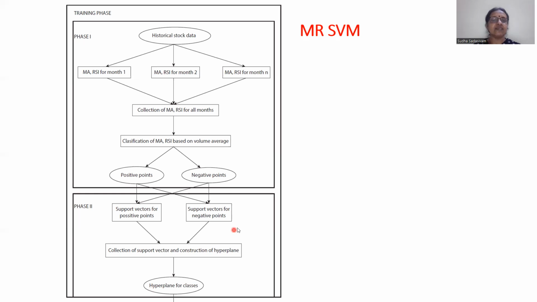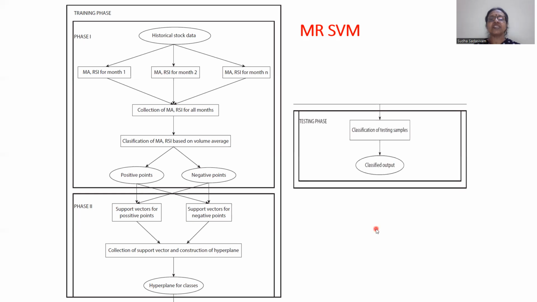In the second cycle, the support vector machine construction takes place, where the positive and negative points, the support vectors, are being calculated using the map phase, and in the reduce phase, the hyperplane is constructed. Once the hyperplane is constructed, then the BD tree type of the classifier can be constructed.